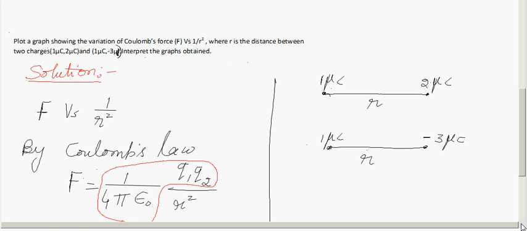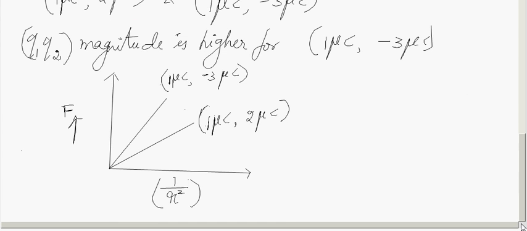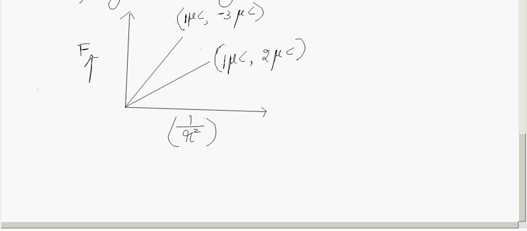We can write: higher the magnitude of the product of charges Q1, Q2, higher is the slope.